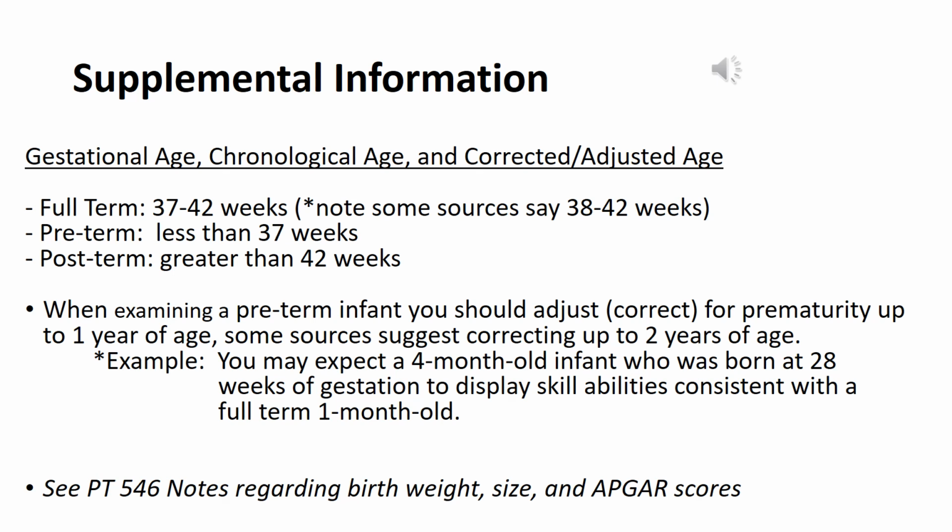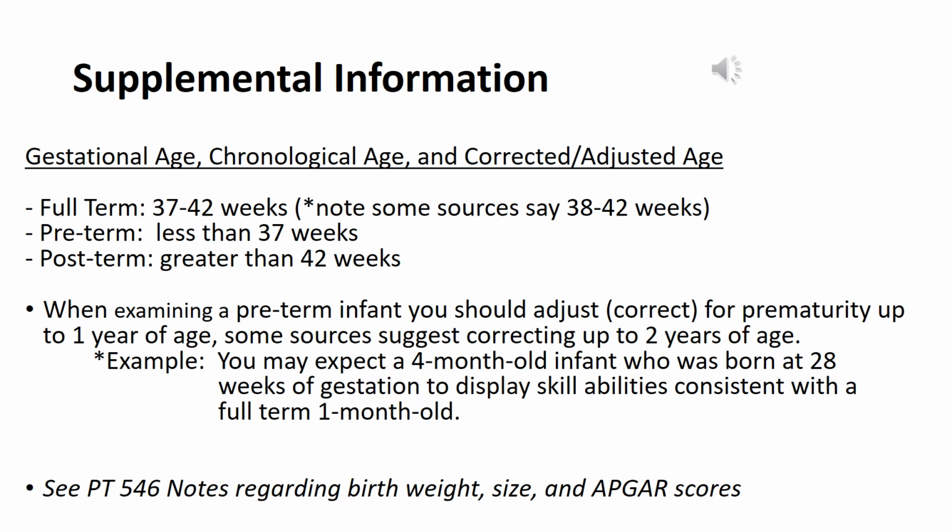Most parts of the country will correct up until that child turns 1 year of age. So they will make that mathematical correction based on how early they were born and subtracting that value off their chronological age. However, in the Western New York area and a bit beyond, we typically correct for the child's prematurity up through age 2, so until their second birthday.